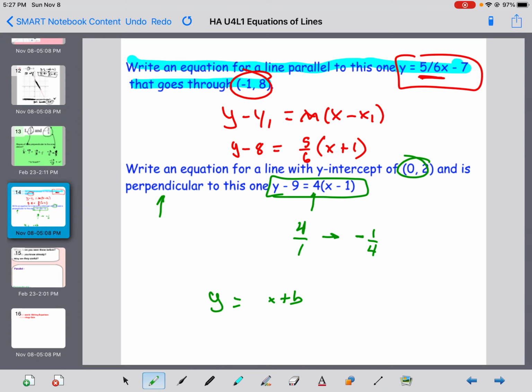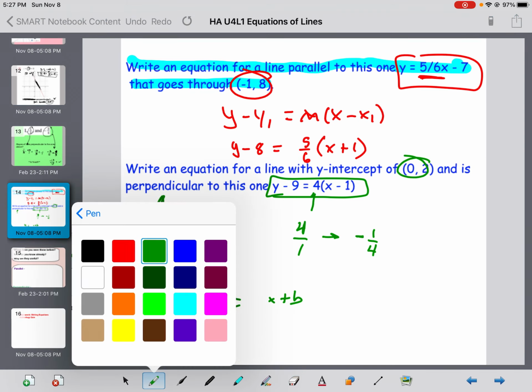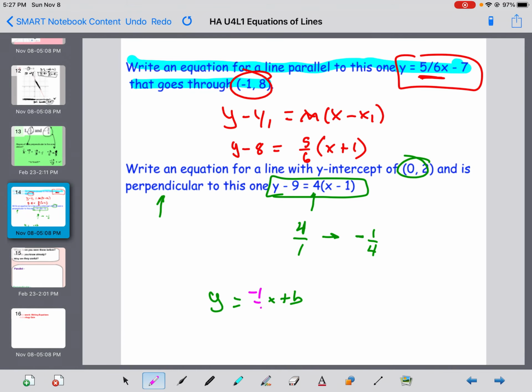So there's my new slope, -1/4. And then my new intercept is going to be 2. So because they gave me an intercept and a slope, I'm going to use slope-intercept form. And my final equation would be y is equal to -1/4 x plus 2.